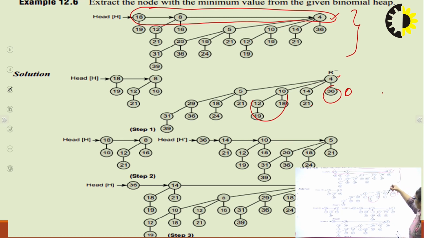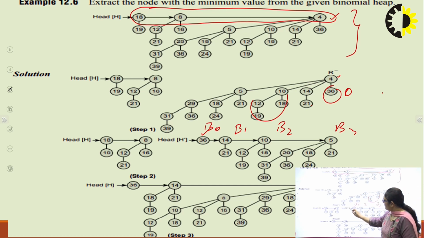After getting the separate binomial trees, first we have to reverse their order. At the leftmost side we have written the binomial tree B0, then B1, then B2 and B3. We have to reverse their order.